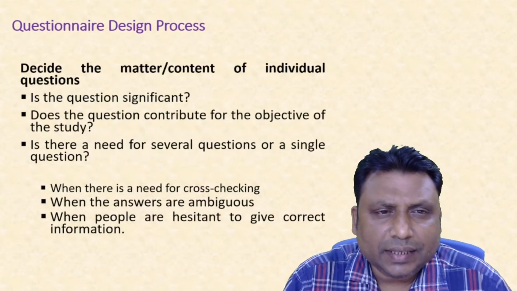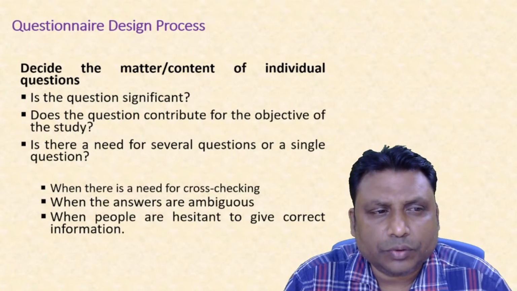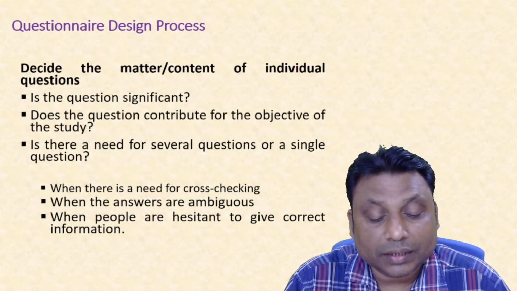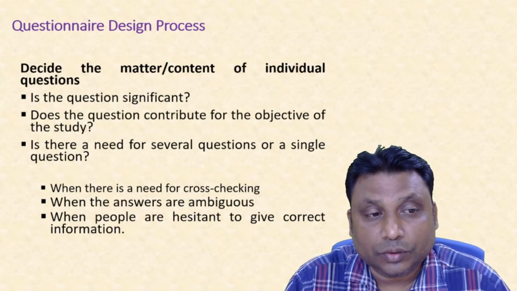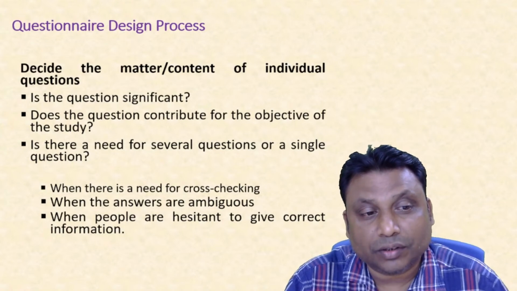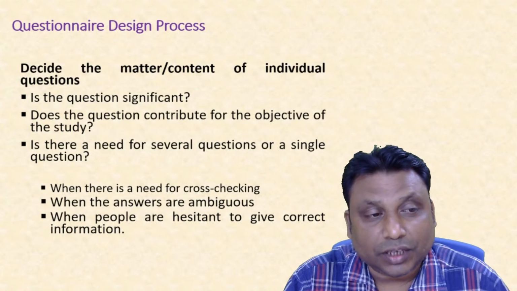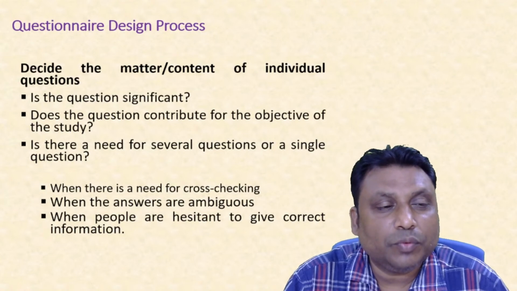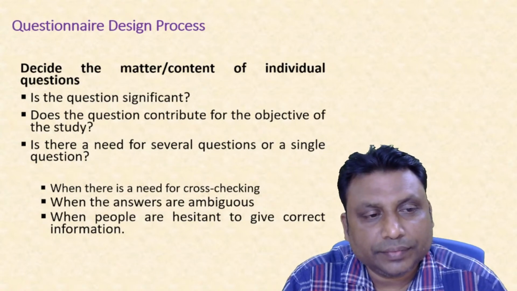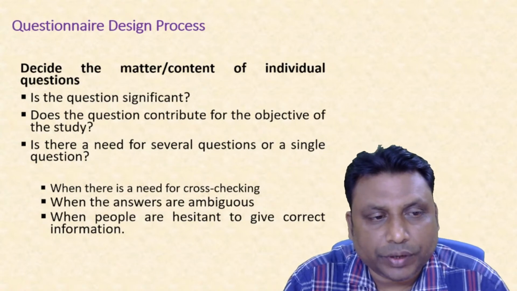The second point is to decide the matter or content of individual questions. When you are preparing the questions, you have to ask yourself whether they are correct and authentic. Is the question significant? If yes, you put it.